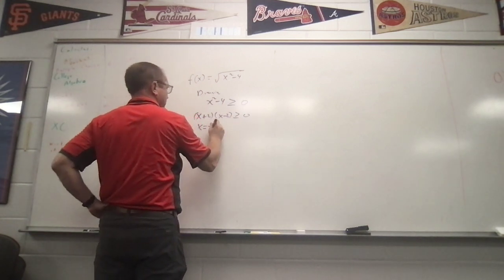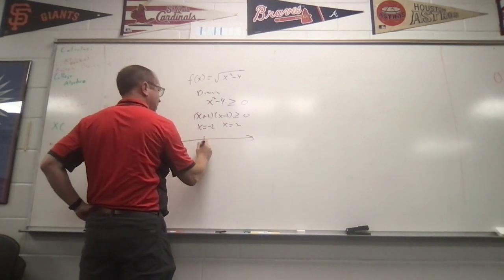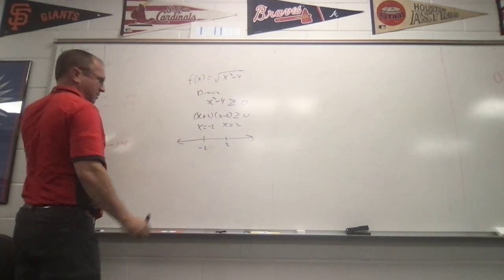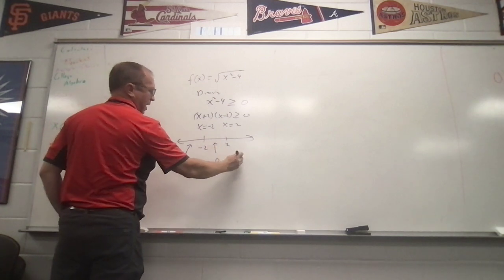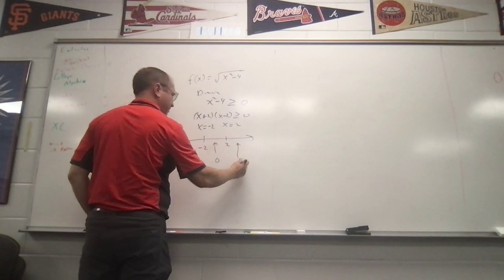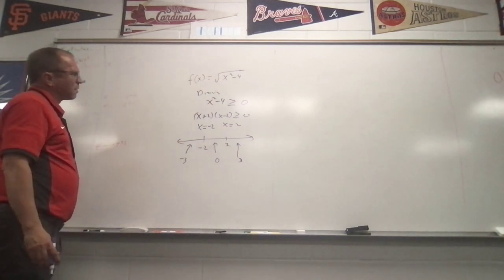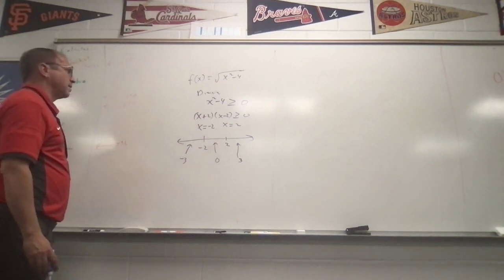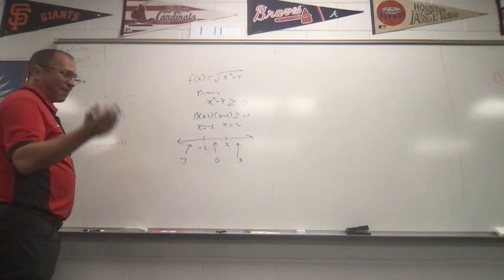So here we get x equals negative 2, x equals positive 2. Plot all those on the number line, negative 2 and positive 2. So let's plug in negative 3, 0, and 3. All right, what do I get if I plug in negative 3? I get 9 minus 4 is 5.